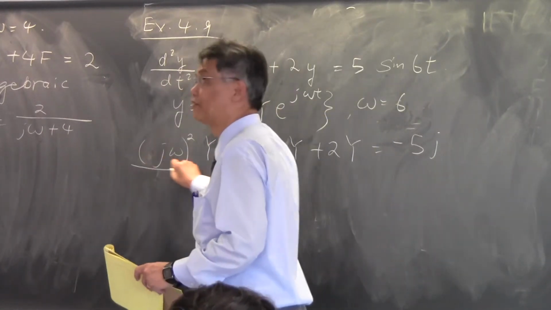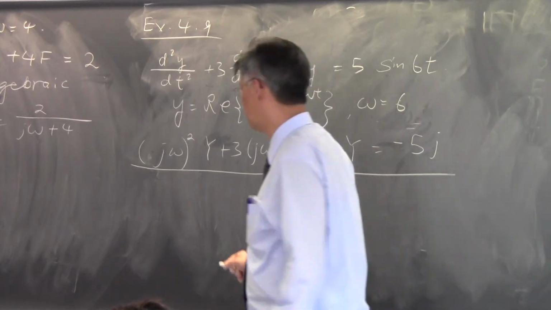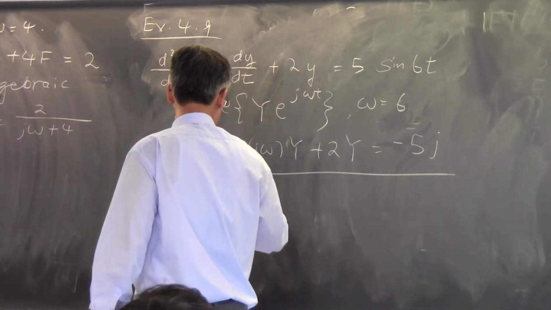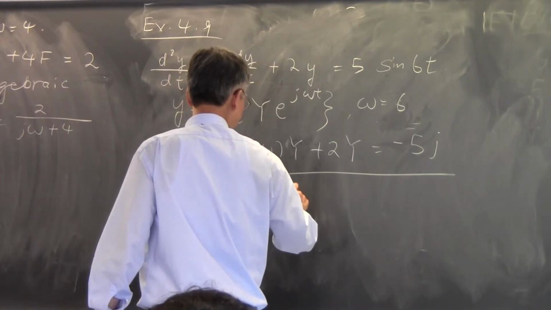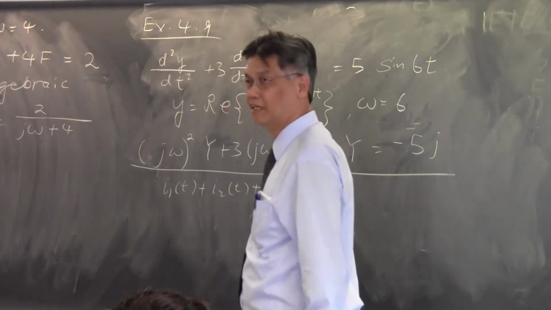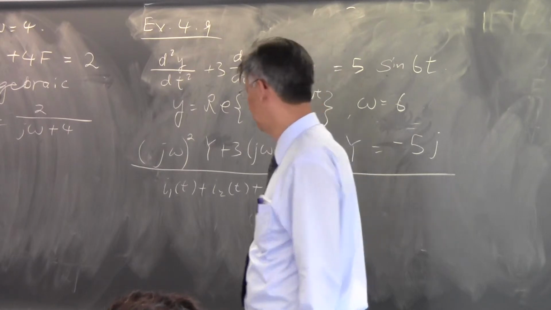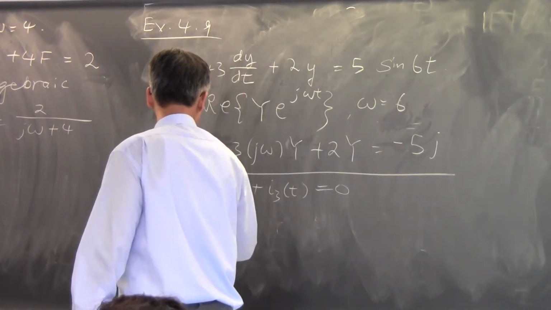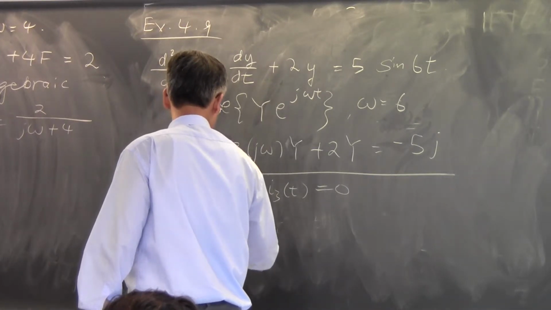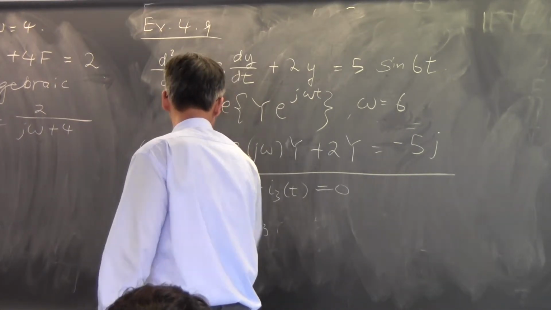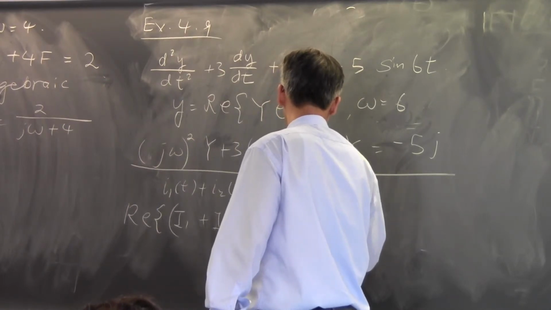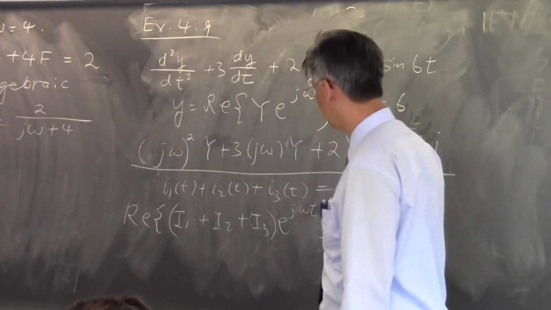And then you have things like Kirchhoff current law: I1(t) plus I2(t) plus say I3(t) is equal to 0. If I write this in phasor form, it will be real part of (I1 plus I2 plus I3) e to the j omega t must be equal to 0.